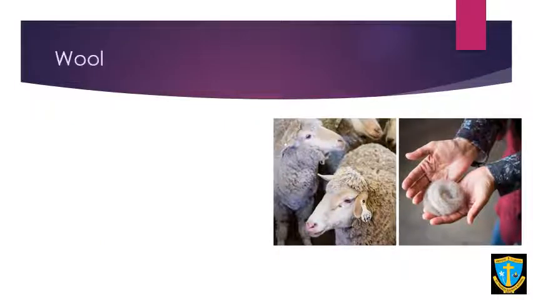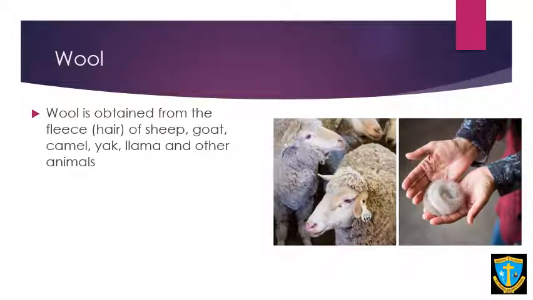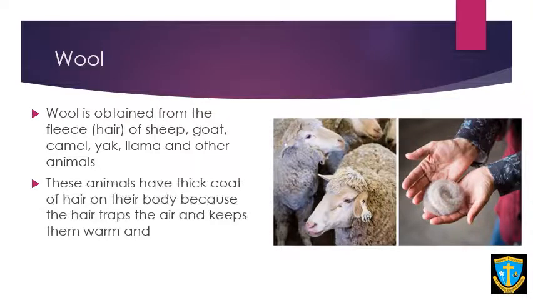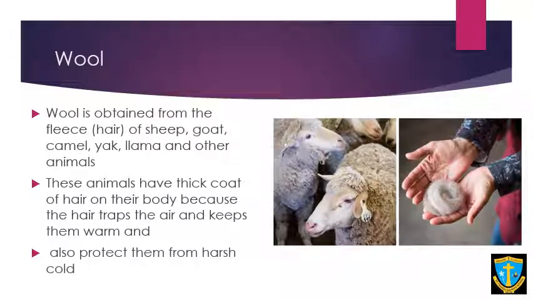Next up is wool. Wool is obtained from the hair of sheep. The hair is called the fleece of sheep, goat, camel, yak, llama and other animals. These animals get a thick coat of hair on their body during the winter season because this hair traps the air and keeps them warm and also protects them from the harsh cold.